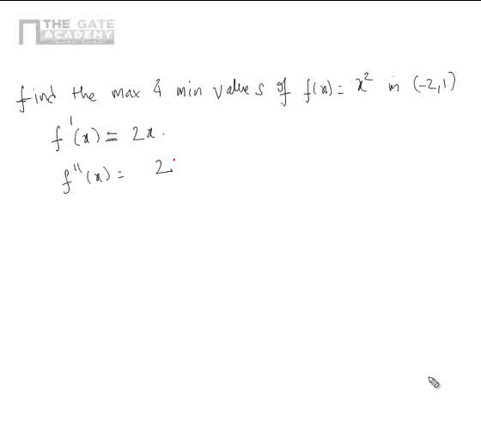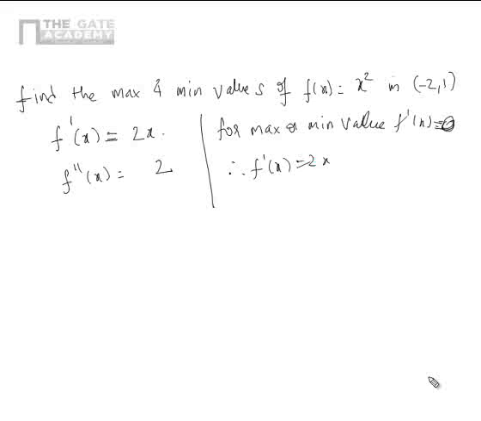Correct? Now we see that for max or min value, f dash of x equal to 0. Correct? We have seen this. Therefore f dash of x is equal to 2x and this has to be 0, which will imply that x is 0.